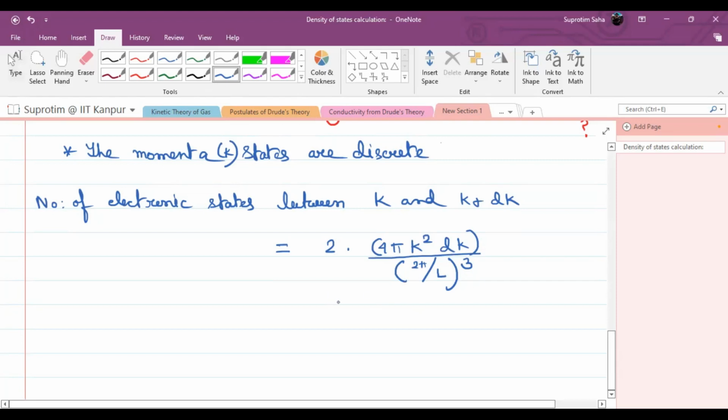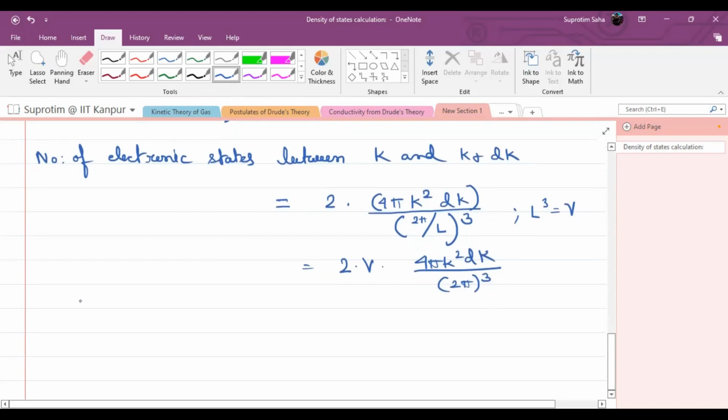All right, so L cubed is V. So you can easily write it as twice V times 4 pi k squared dk over (2 pi) cubed.